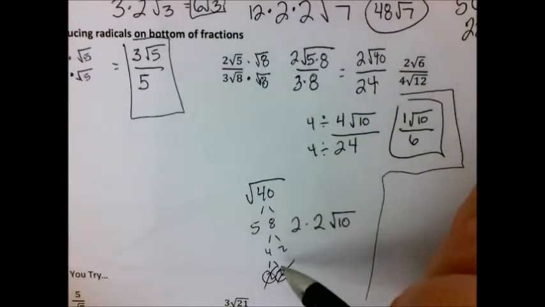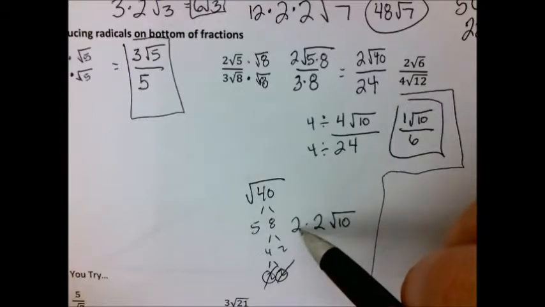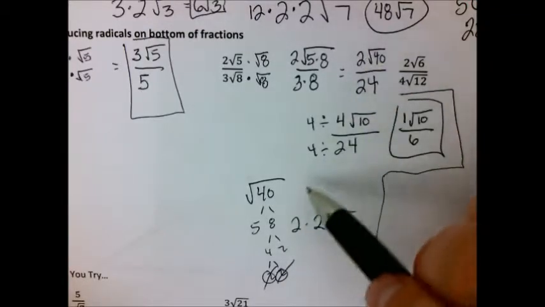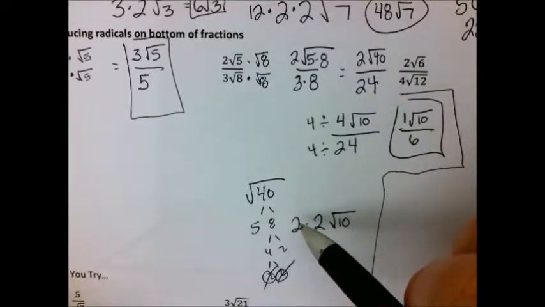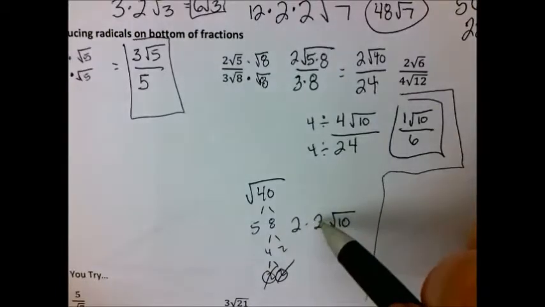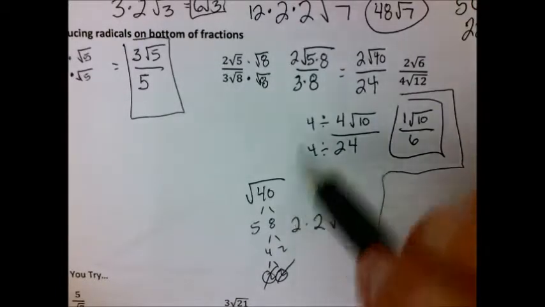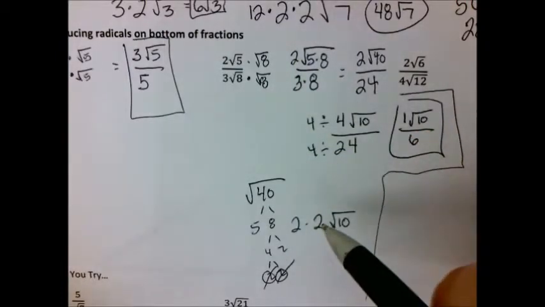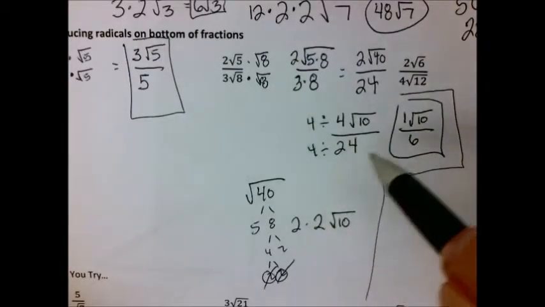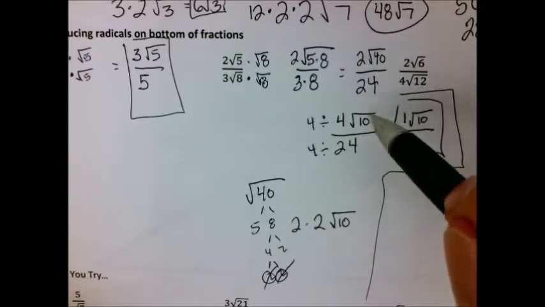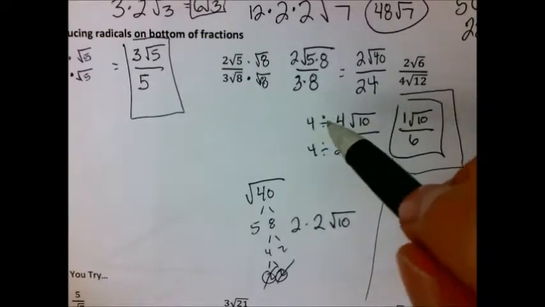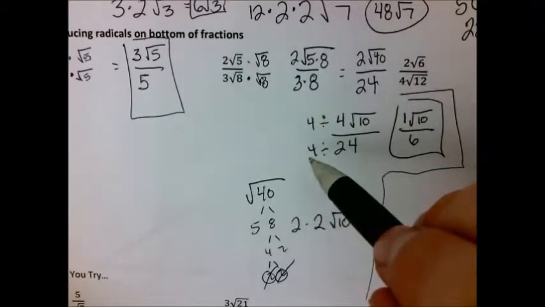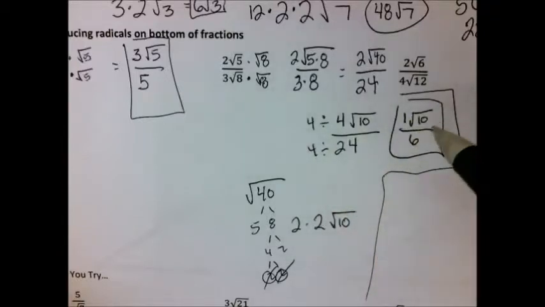That's what we did down here. When we broke it down, we brought out a 2, but we also had to multiply by the 2 in front of the radical to start with. So 2 times 2 equals 4, square root of 10. That's where we got here. Finally, we had to reduce the whole fraction, dividing the top and bottom by 4. We get 1 square root 10 over 6.